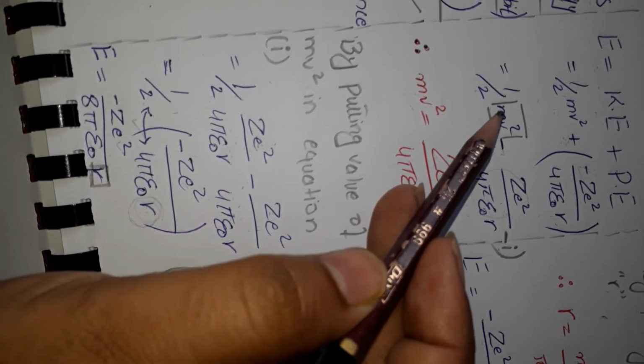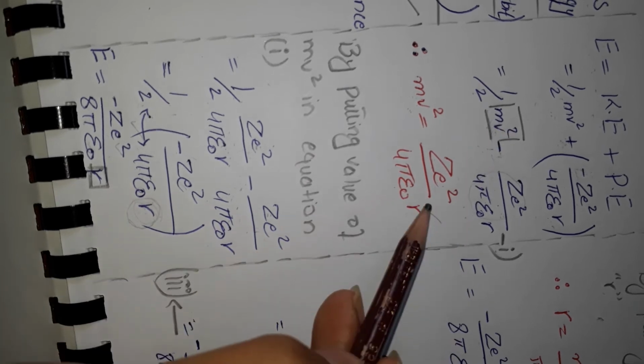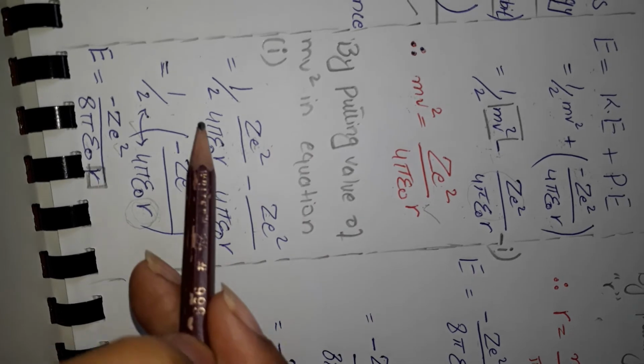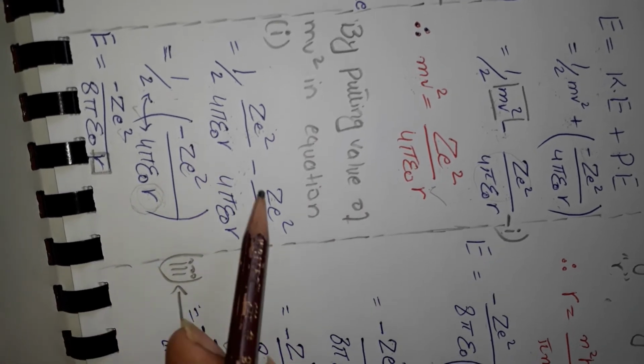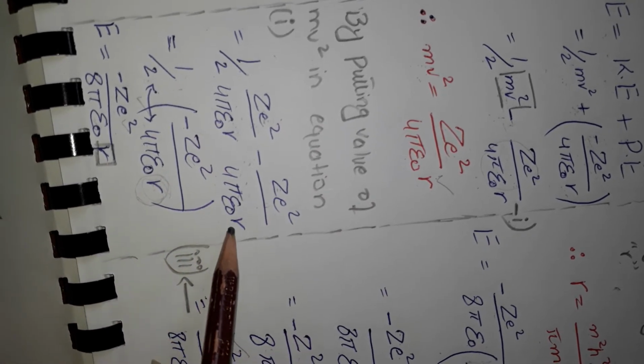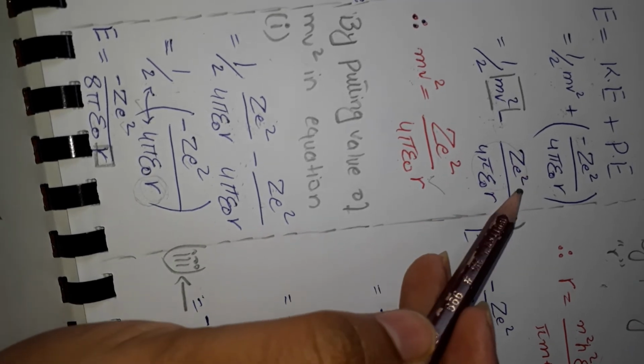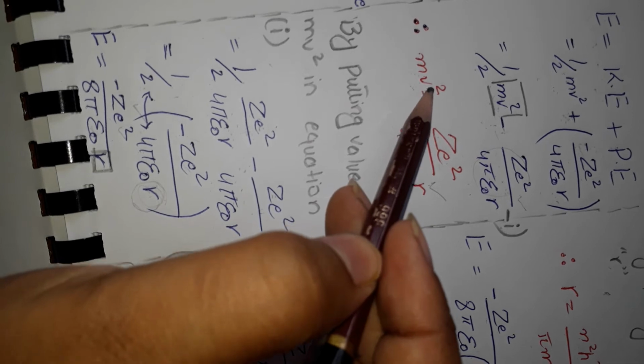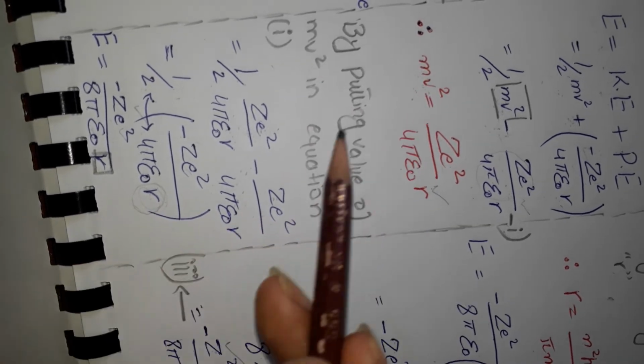You can check that instead of mv square we have put its formula. So here is ZE square over 4 pi epsilon naught R minus ZE square over 4 pi epsilon naught R, which is already here in first equation, and this is coming from mv square value.